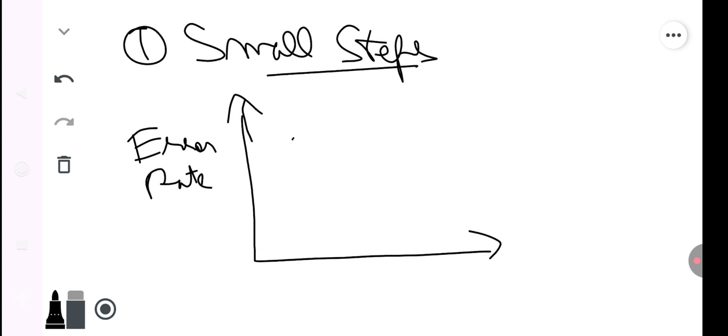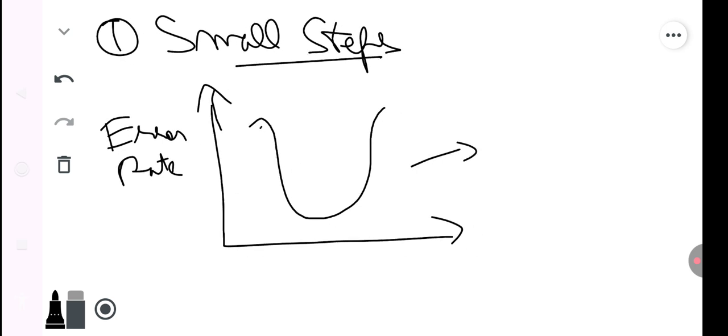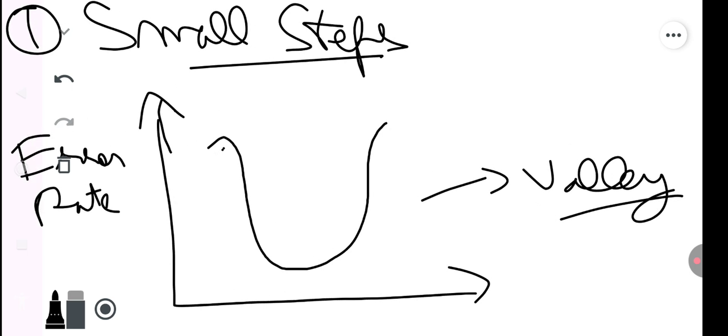And if I make a graph here, think of this graph like a valley, okay? And let's suppose my first iteration, the value came out at this point, okay?